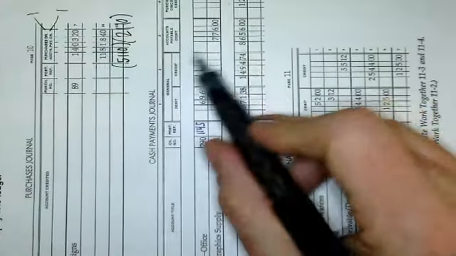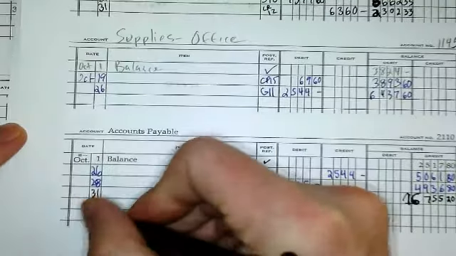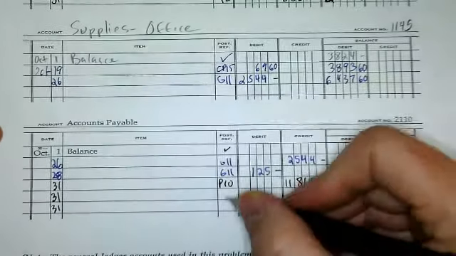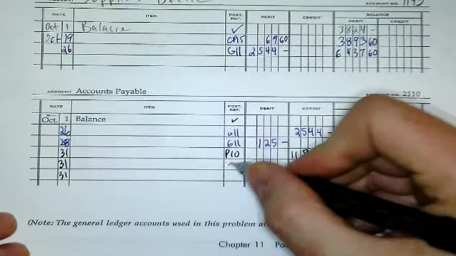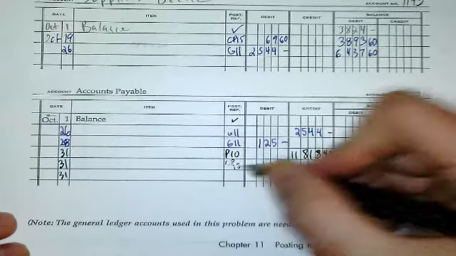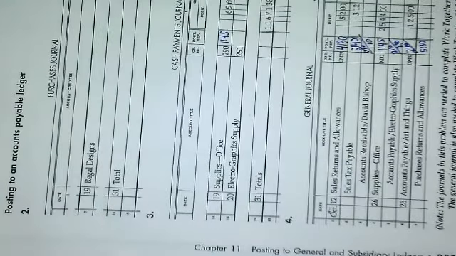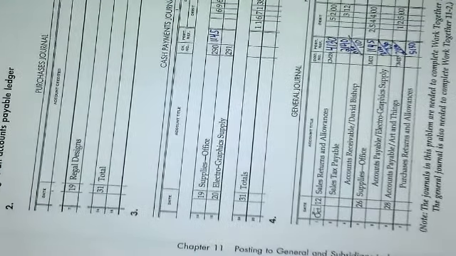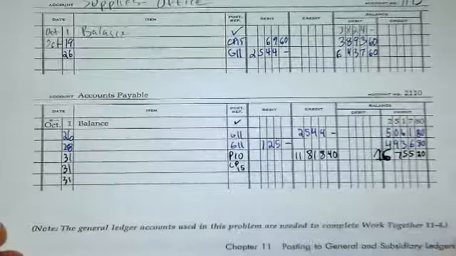ActPay 31st, 261. So we have 8656 as the debit. So the ActPay debit on the 31st from the CP15, 8656 is the debit.